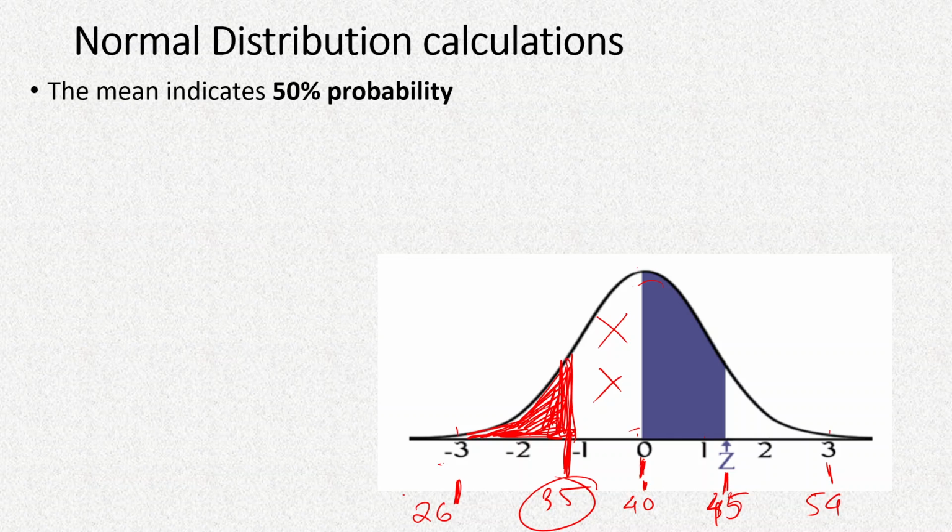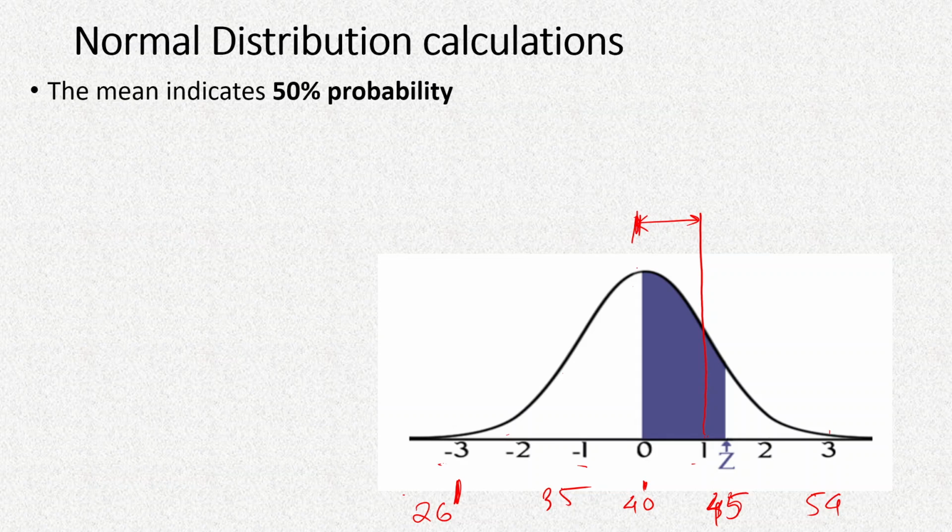Now these values which are there in this figure, 1, 2, 3 or minus 1, 2, 3 and so on, are called the Z values, and what they represent is just the number of standard deviations. The standard deviation is up to Z equal to 1.